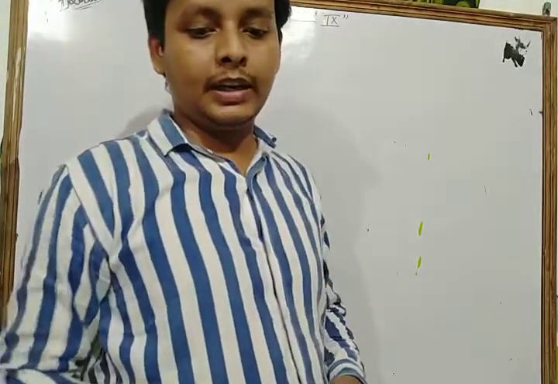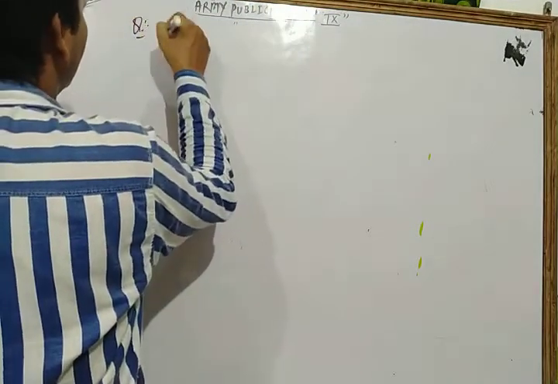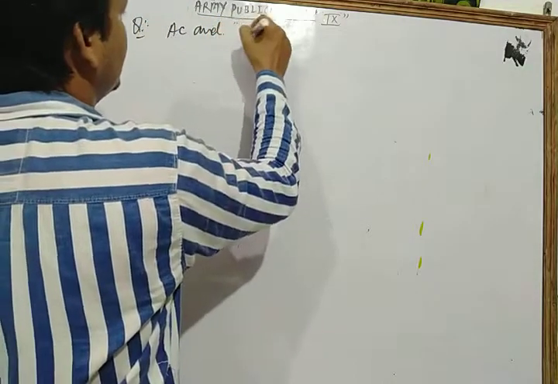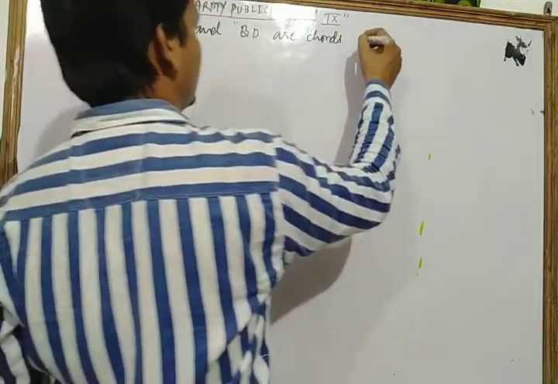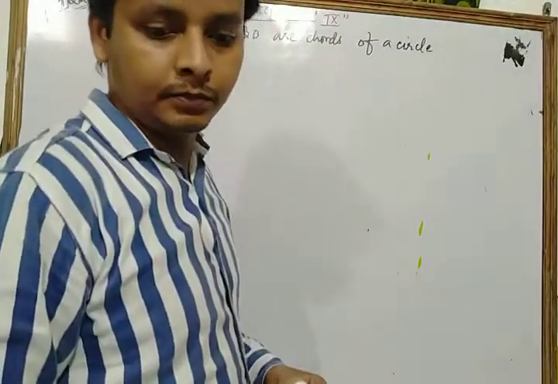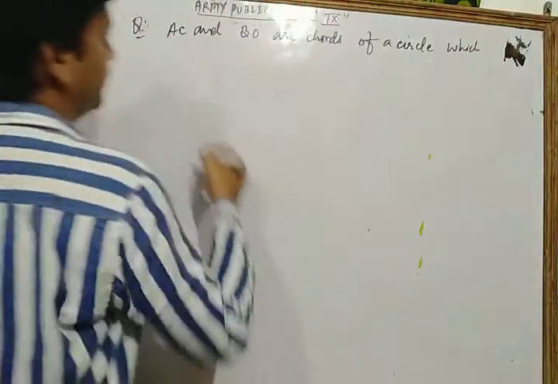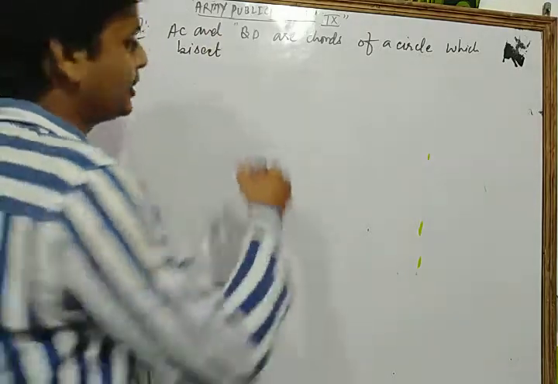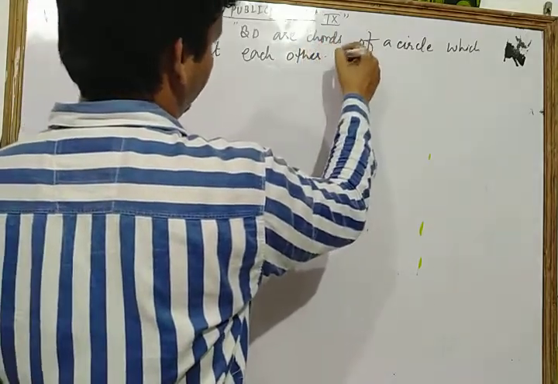Let's see next question. AC and BD are chords of a circle which bisect each other.